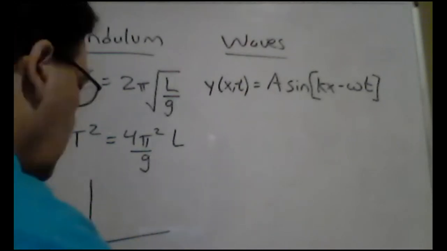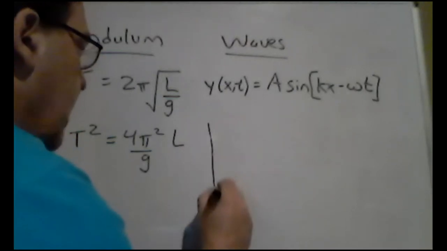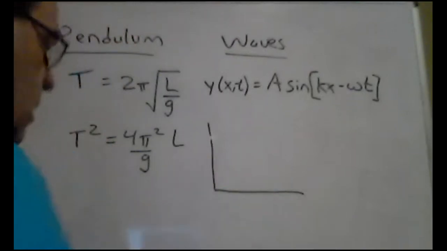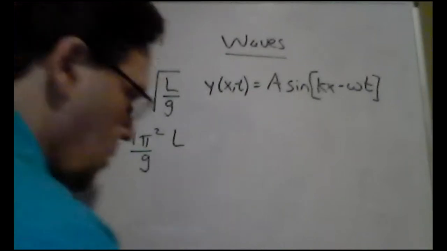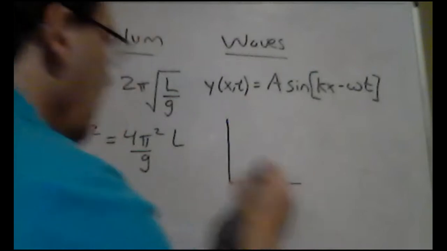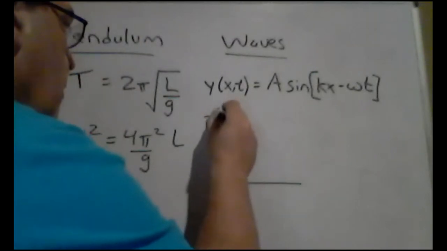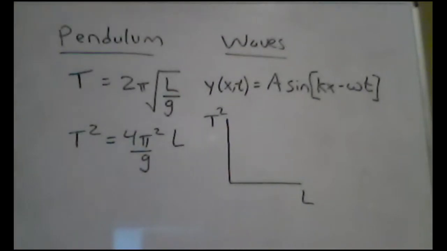I'll imagine graphing T squared versus L. So my variable on the graph now is T squared. What I've done now is I've turned this into a linear equation.